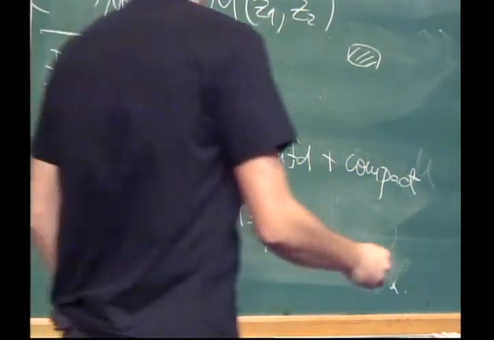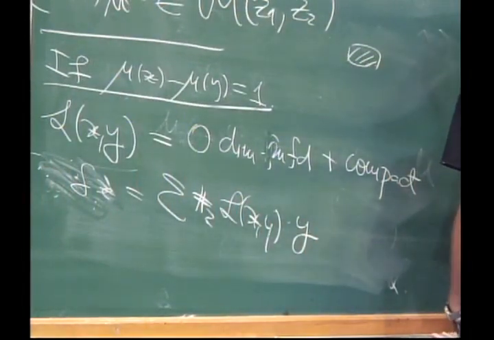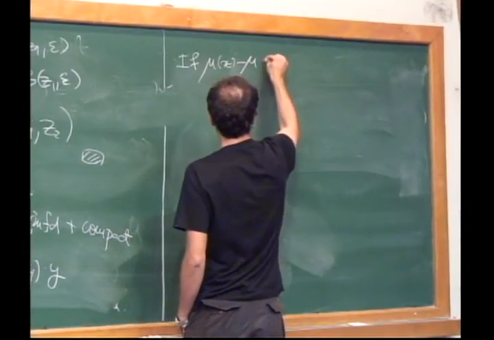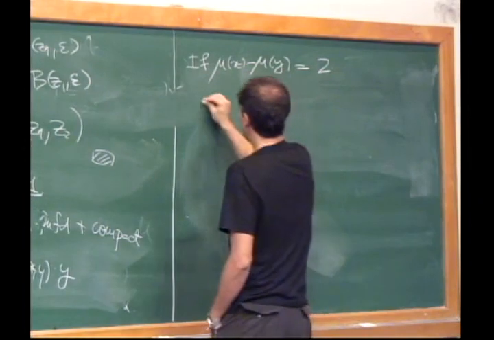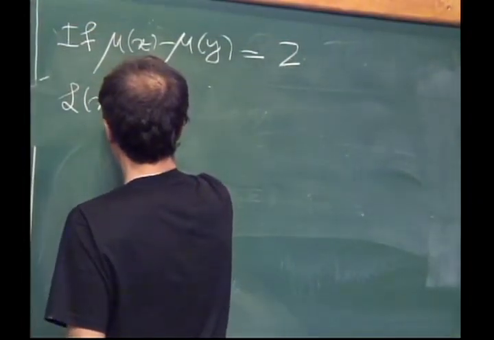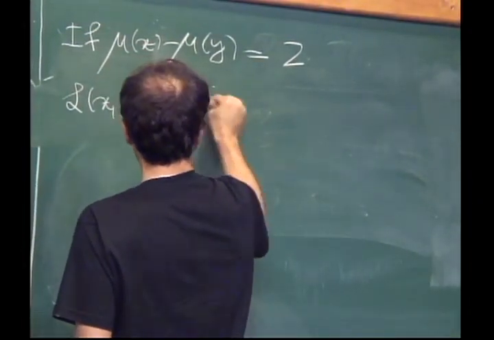So then, if the difference of indices is 2, we show that Lxy is a one-dimensional manifold.